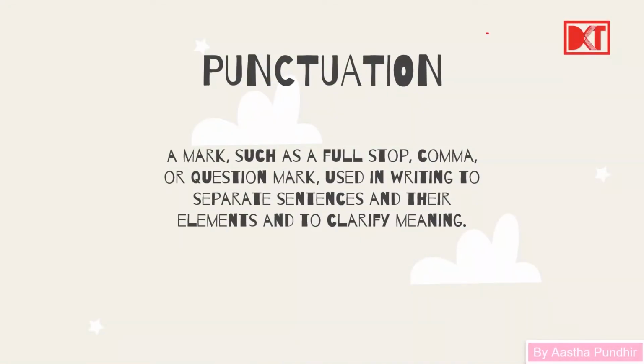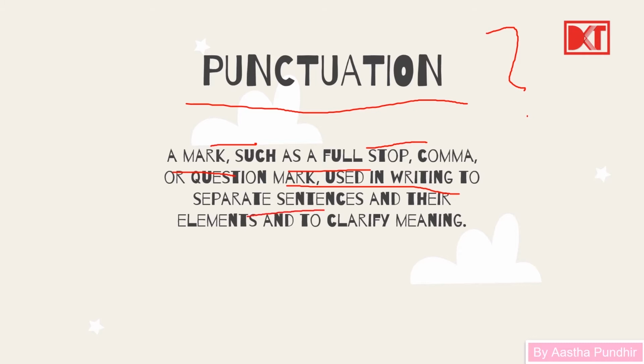Alright, so first we will understand what punctuation really is, its meaning. Now punctuation refers to a mark such as full stop, comma, or a question mark used in writing to separate sentences and their elements and to clarify the meaning.